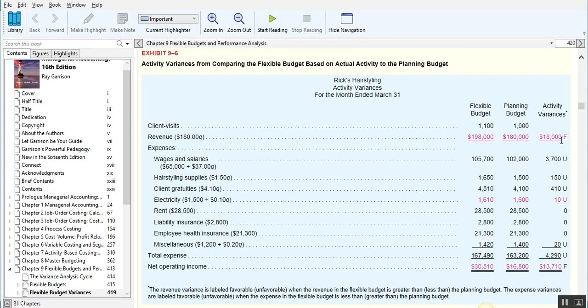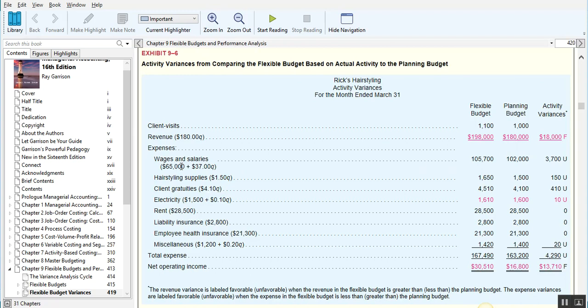And that's an activity variance, because when we created the flexible budget, we're basing this entirely on the quantity. So we're adjusting this planning budget for the quantity. This is not actual results. This is the planning budget adjusted for the quantity difference. Wages and salary, we adjust based on the quantity, and the difference here would be 100 more visits times $37 plus whatever they had before.